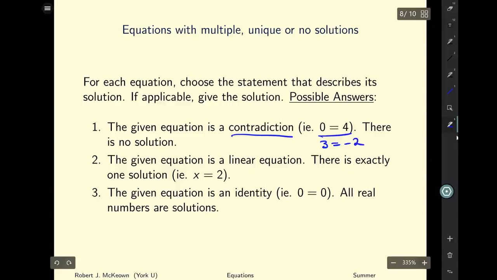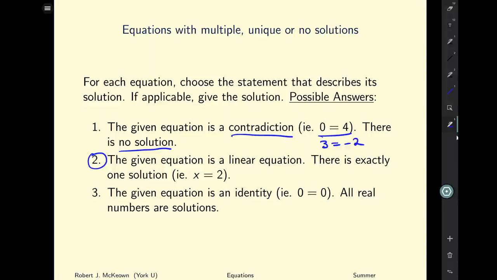If we end up with that result, that means there is no solution. There's no actual solution to that equation. 2 is the most common one. That's the one that you're used to and you expect, that the answer is going to be something like x is equal to 2 or x is equal to 8, and you've seen lots of questions like that.